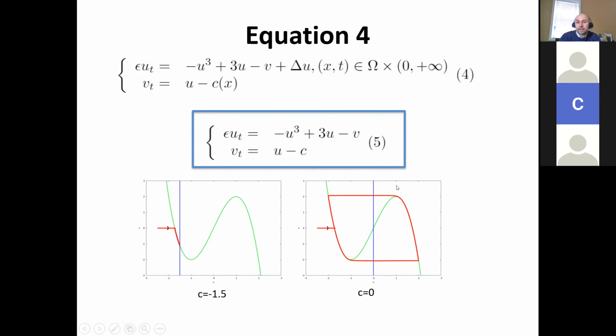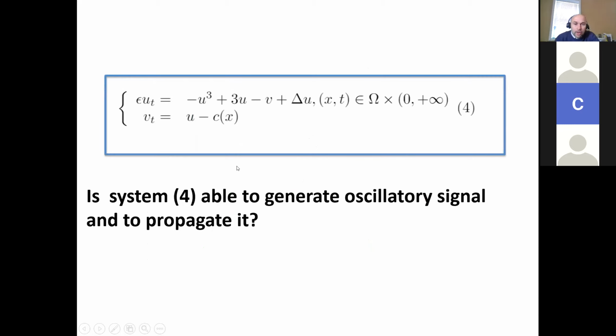All right, but if you take C equals 0, you have a limit cycle. For C equals 0, it's a special case of the toy model. For C equals 0, we have already considered this equation. All right. So now I will make C depend on X. So if I generate an oscillatory signal, then my PDE will propagate these oscillations.